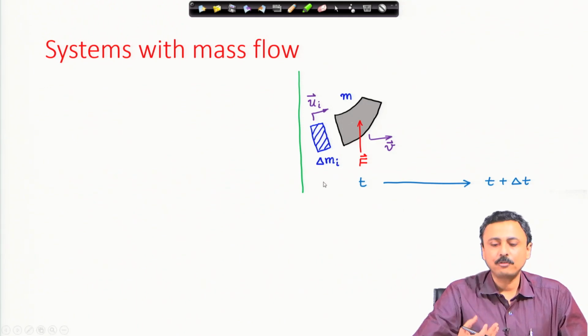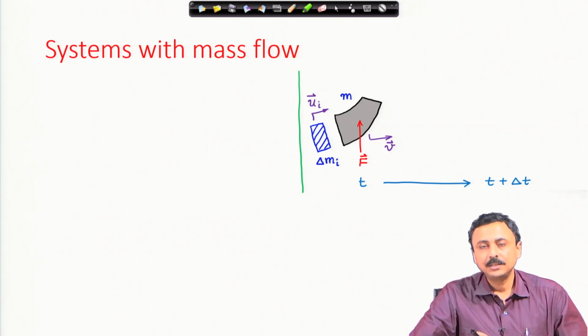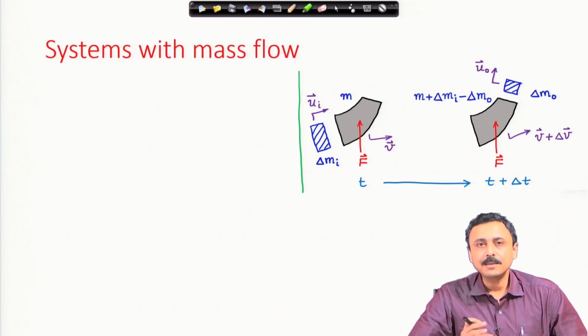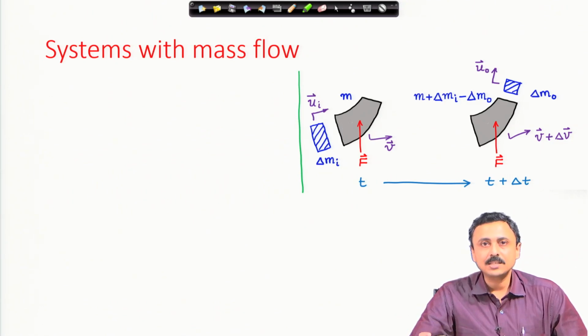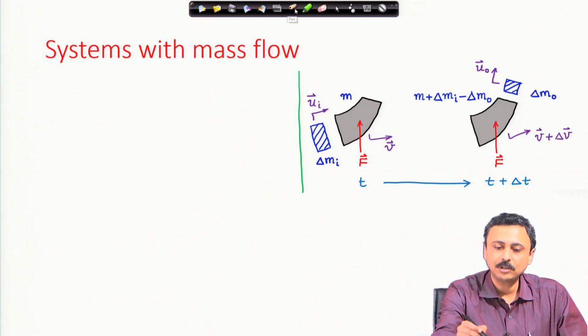There is a little blob of mass indicated by delta m_I, which is moving with absolute velocity u_I, and this blob of mass in this time t to t plus delta t attaches itself to the system, it enters the system, and as the whole thing moves from t to t plus delta t, the system takes in this mass delta m_I and ejects a mass delta m_o at an absolute velocity u_o. These things are all indicated here.